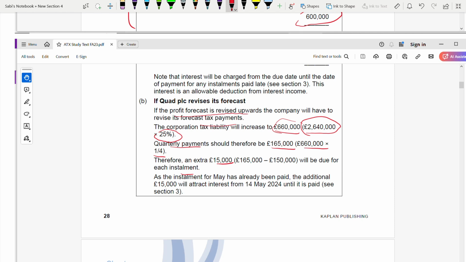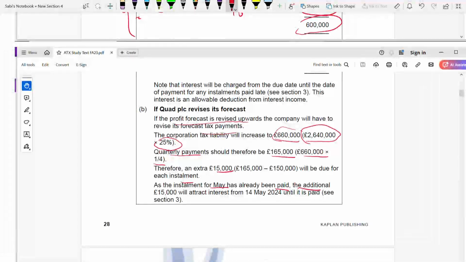As the installment for the May has already been paid, the additional 15,000 will attract interest from 14 May 2024 until it is paid. You didn't pay, that's why you are attracting interest. Now you have to pay with the interest.